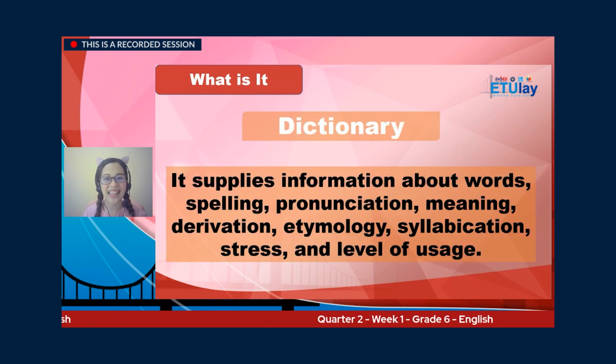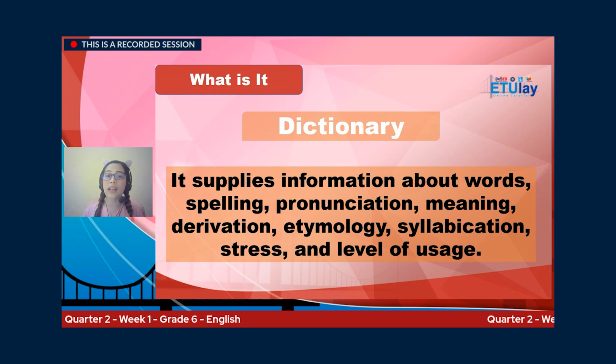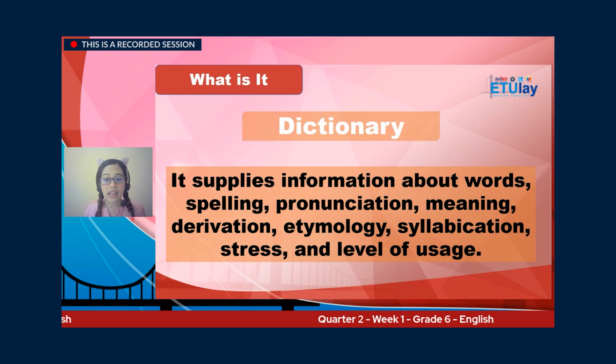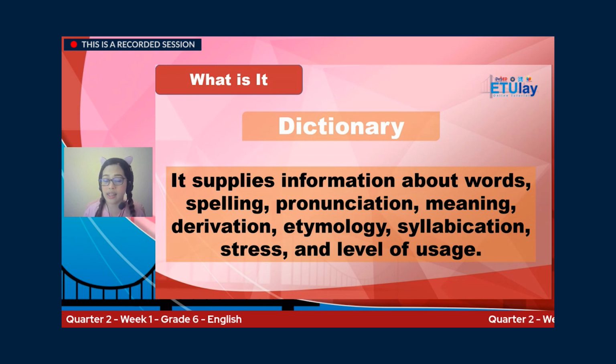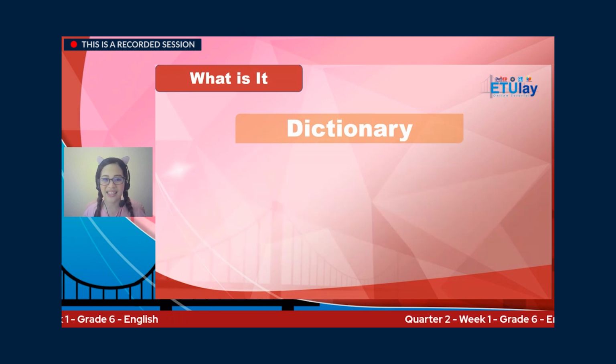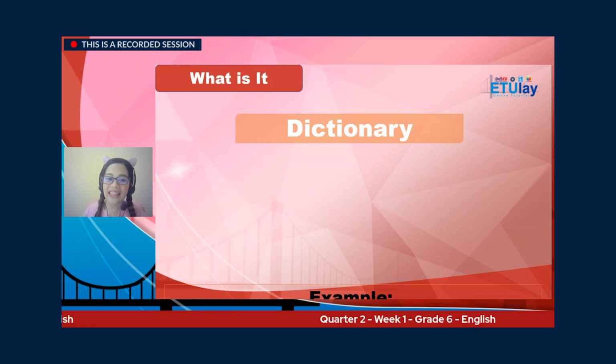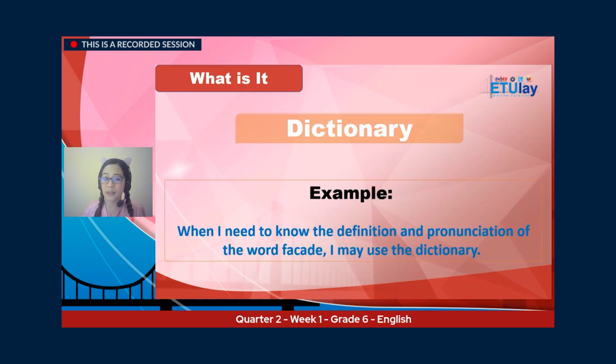We have here almanac. And the last one is dictionary. Can you say that after me? Dictionary. Great. Dictionary supplies information about words, spelling, pronunciation, meaning, derivation, etymology, syllabication, stress, and level of usage. And let's have an example here.